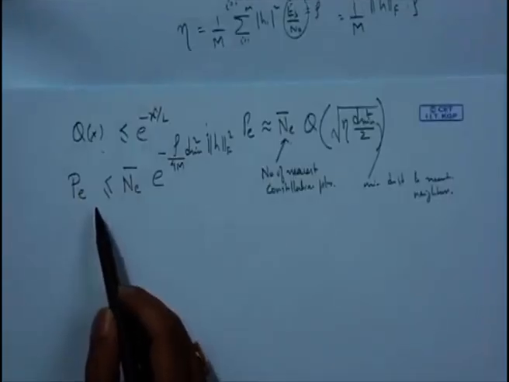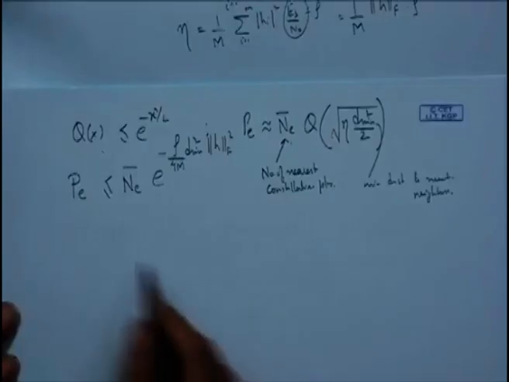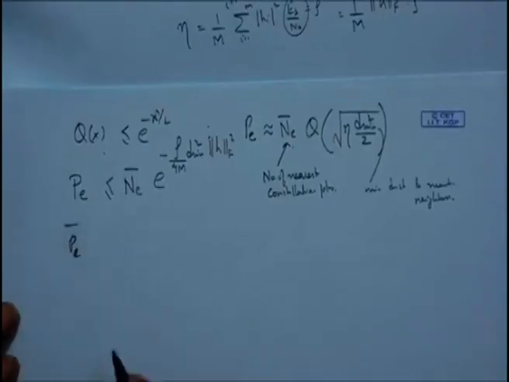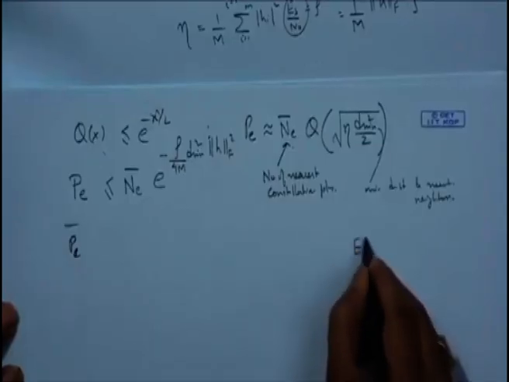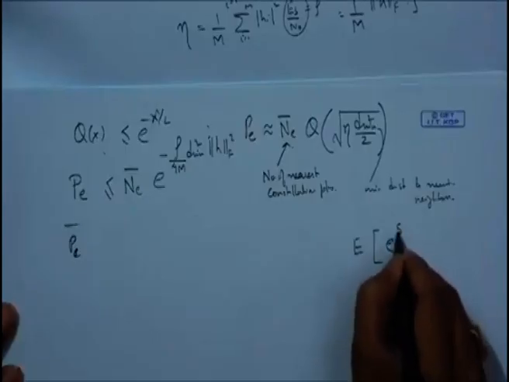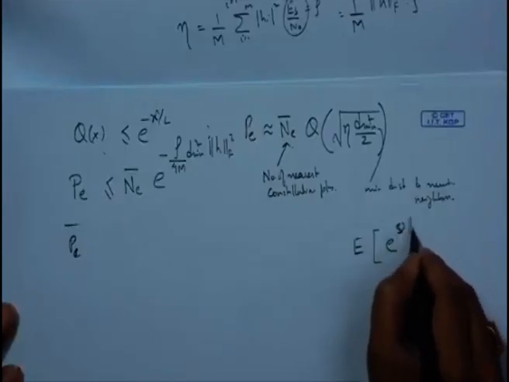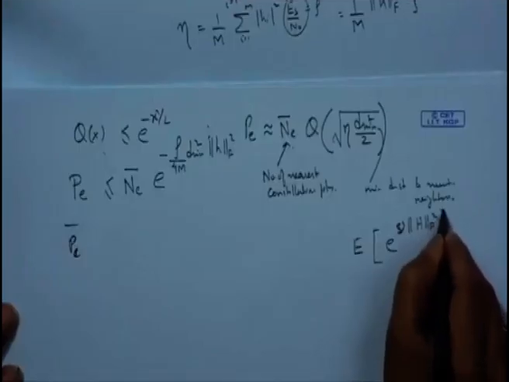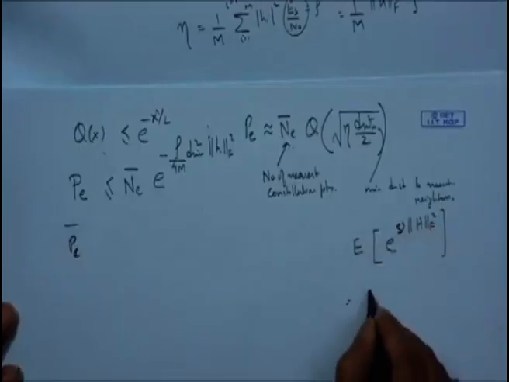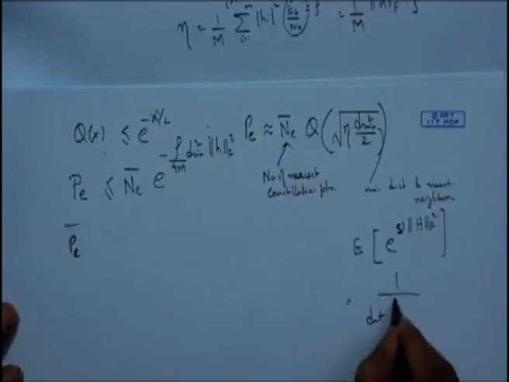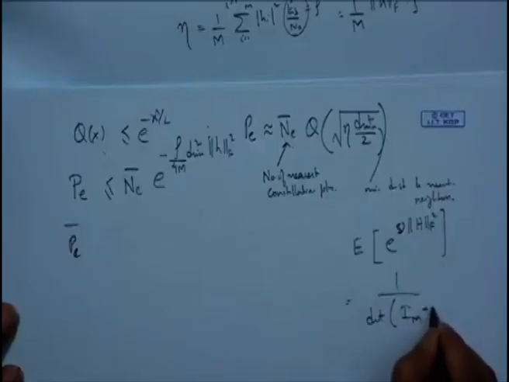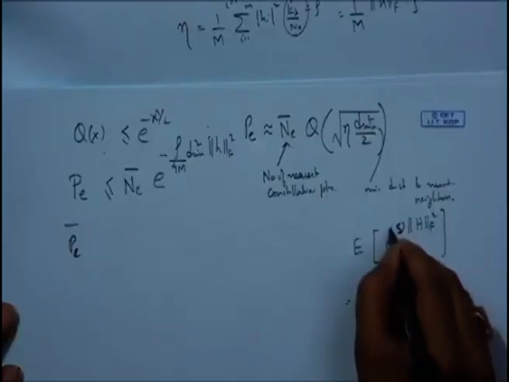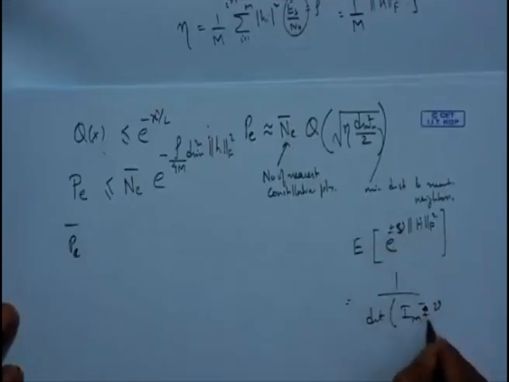So this is the error probability expression, and now we can use our earlier result. What we want is PE bar, the average error probability. Again we'll be using the moment generating function, because earlier we had said the expectation of e to the power of s or nu |hf| squared, where we had used a negative sign, is equal to 1 by the determinant of I, the dimension of which in this case is m, plus nu times R. If I use a plus, I use a minus over here; if I use a minus, I get a plus over here.